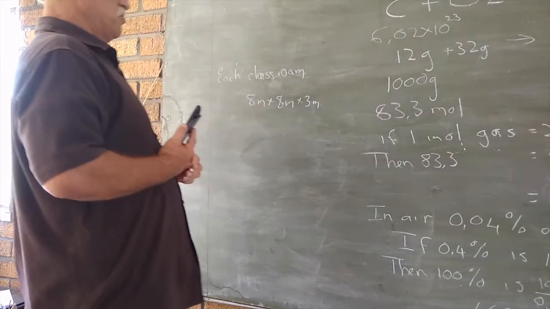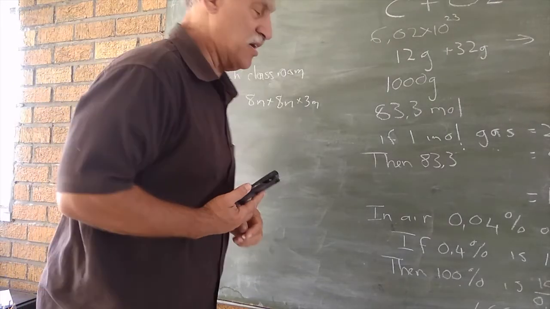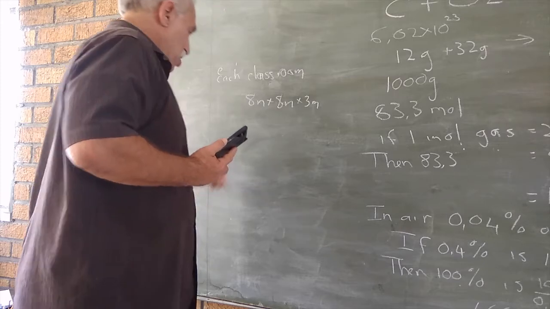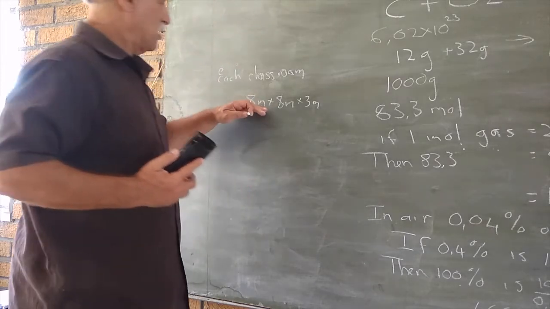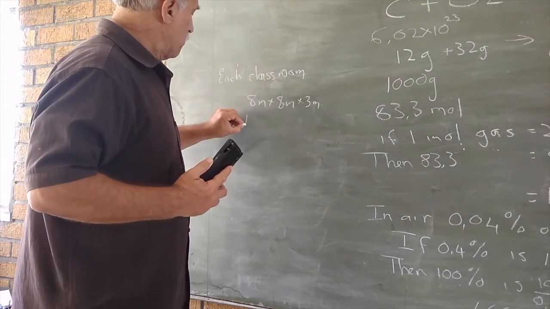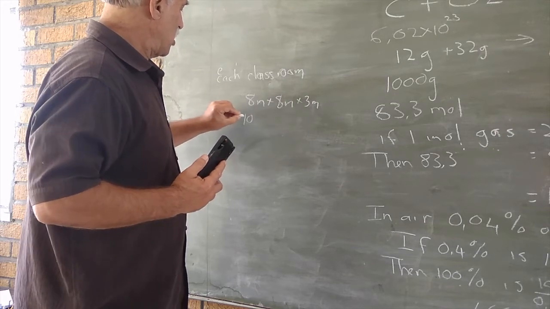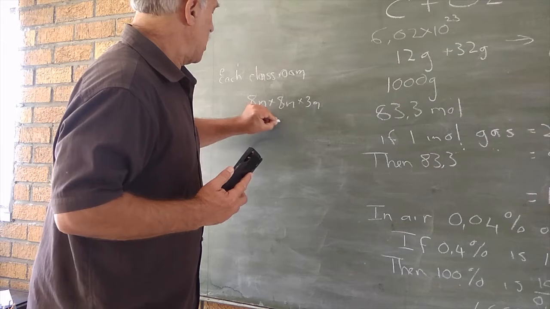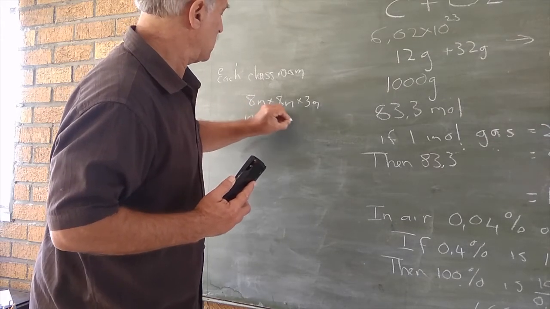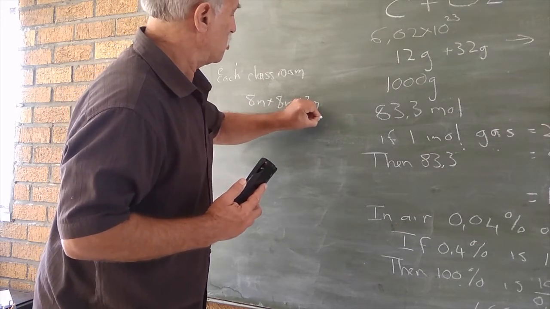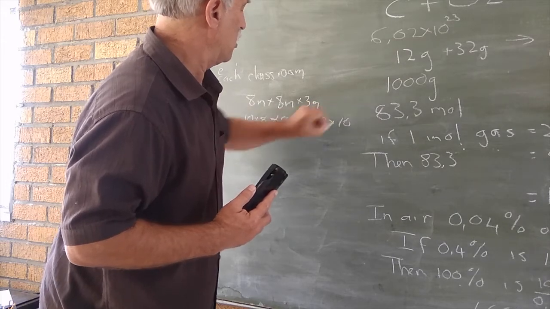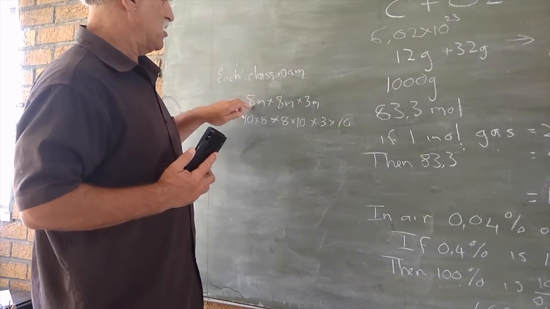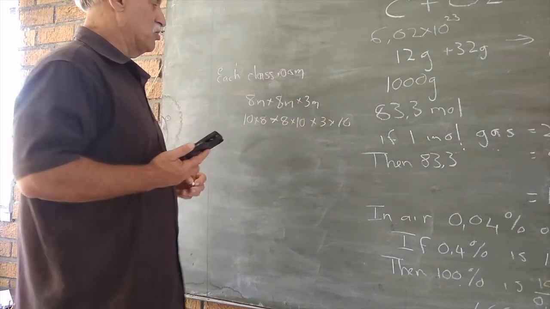Now, how many decimeters cubed of air is there in that size classroom? Well, in a meter, there are 10 decimeters. So we're going to have 10 times 8 decimeters times 8 times 10 times 3 times 10. We're multiplying each of those by 10 to get them to decimeters.